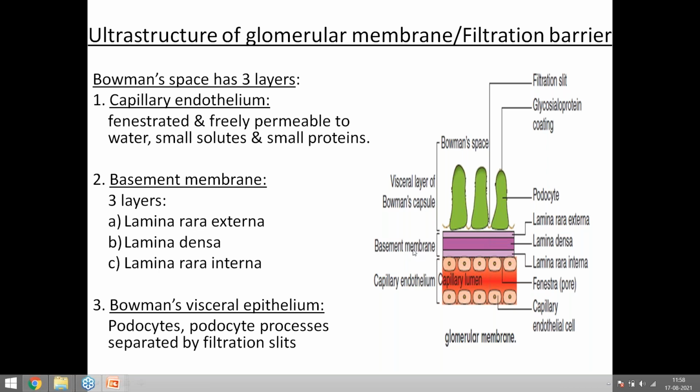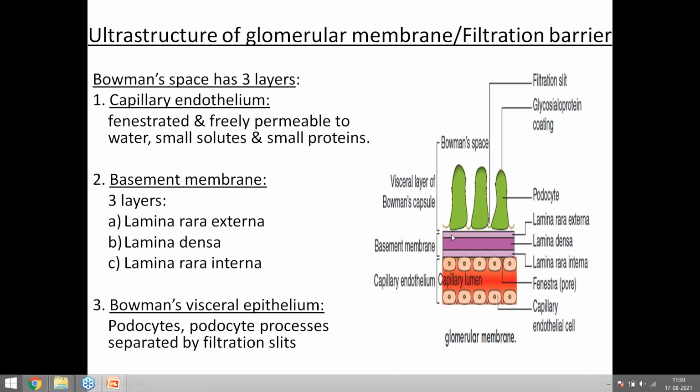Then you have the basement membrane. It consists of a matrix of glycoproteins and mucopolysaccharides. As compared to a typical membrane, the glomerular basement membrane is very thick.